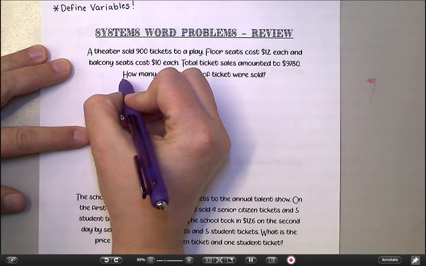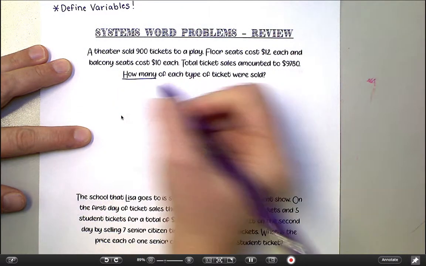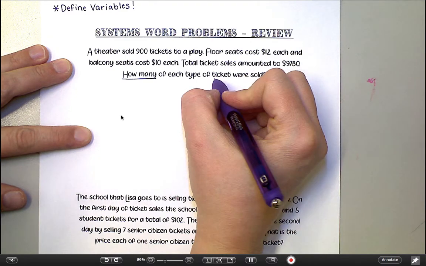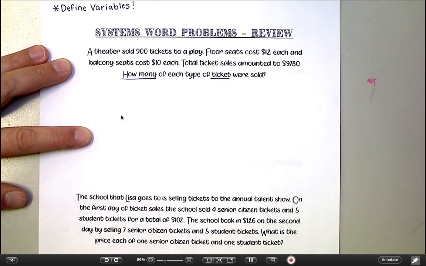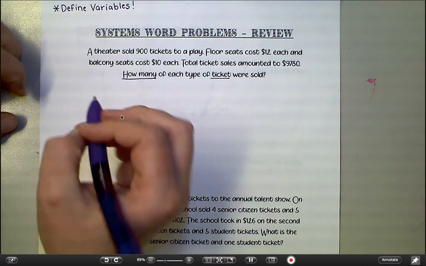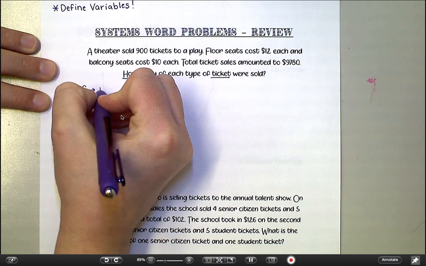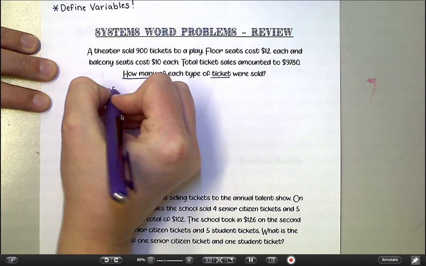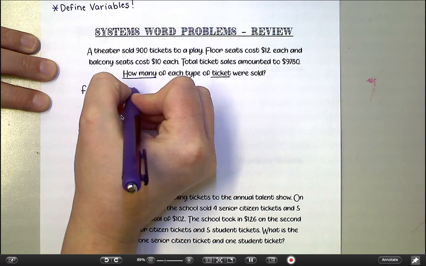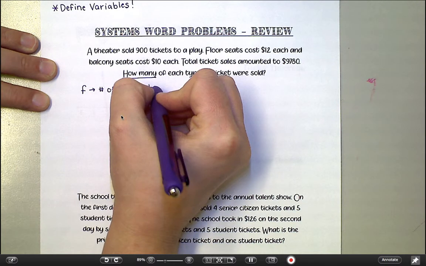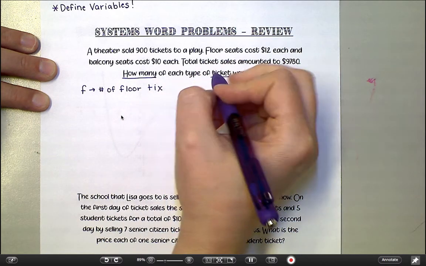So you want to know how many, that's going to be important, of each type of ticket. So I'm going to let F represent the number of floor tickets. And I'm going to let, what was my other one?